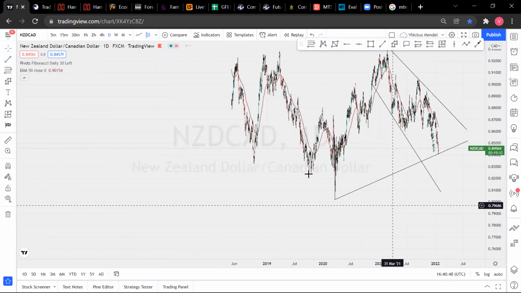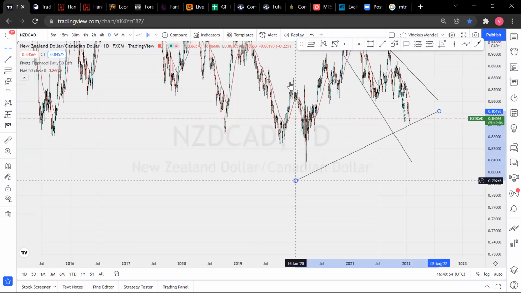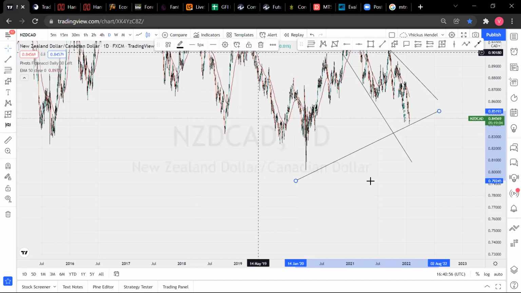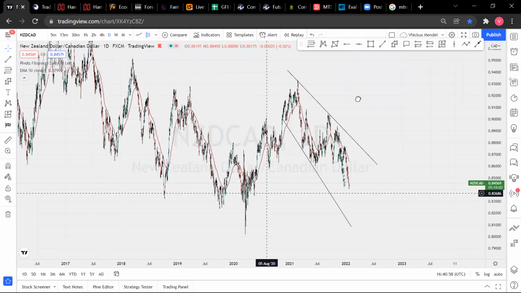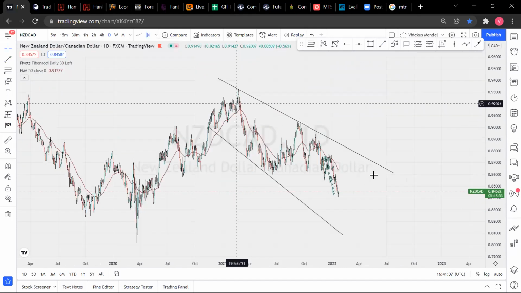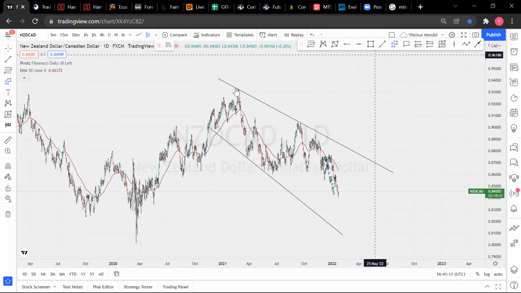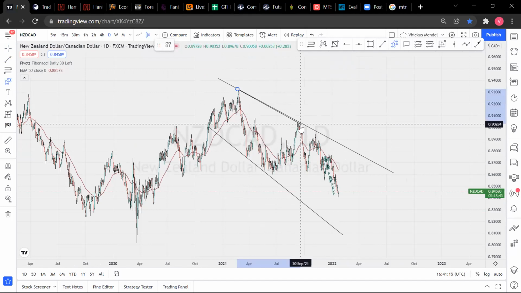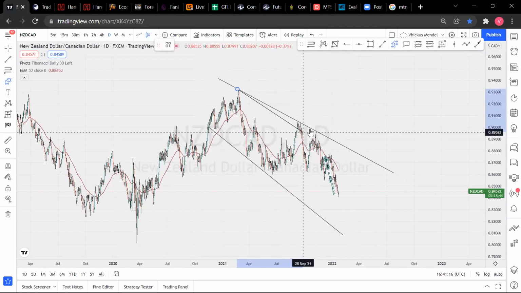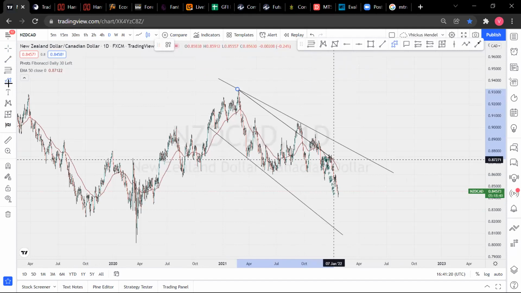So if you connect the wicks like this, it tells you that for some time now, since February 2021, the trend has been what? Bullish. I'm sorry, bearish. And as you can see, it is forming lower highs, lower highs. You can see them over here.